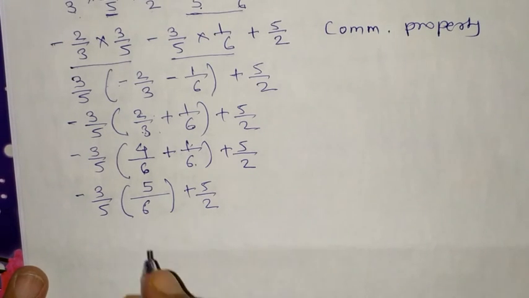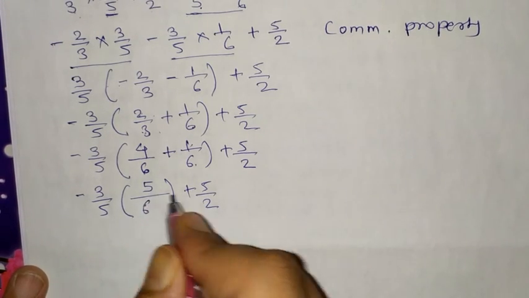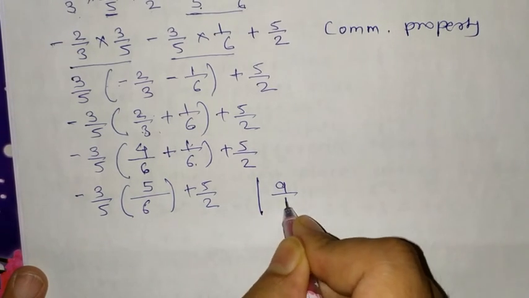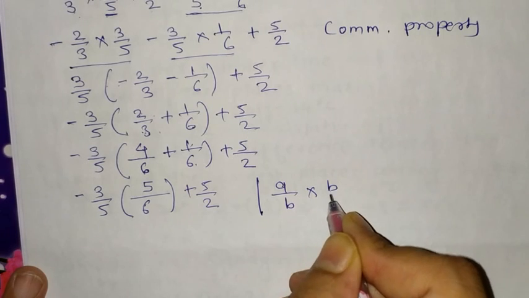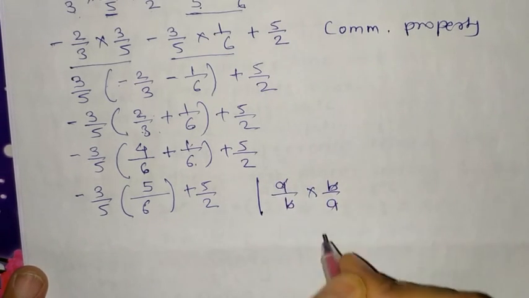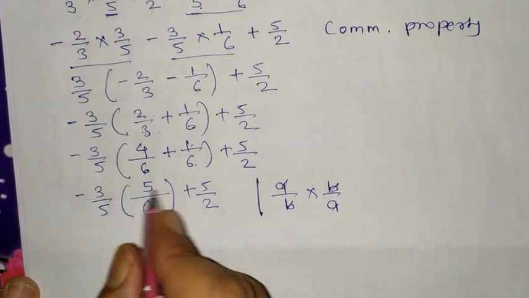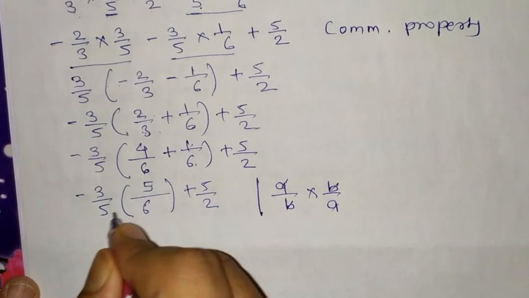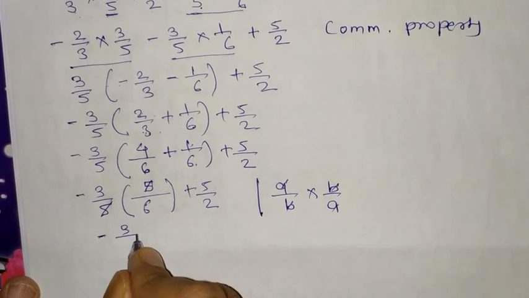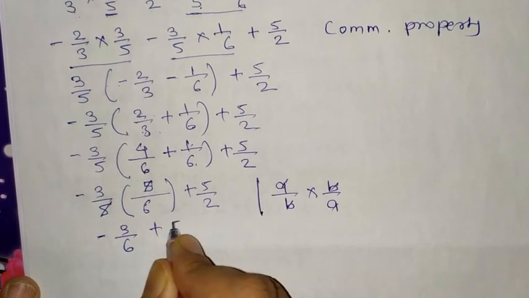Whenever you have, for example, A into B into B into A, what happens? The B's get cancelled, or the A's get cancelled. This concept we will use. Here 5 is there, upside 5, so 5 gets cancelled. So it is minus 3 by 6 plus 5 by 2.